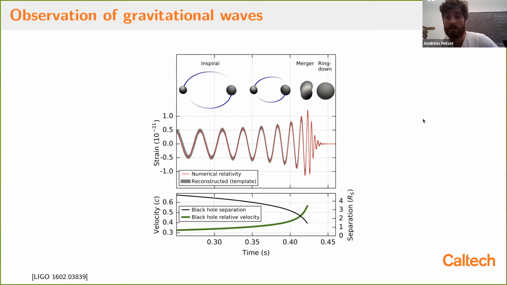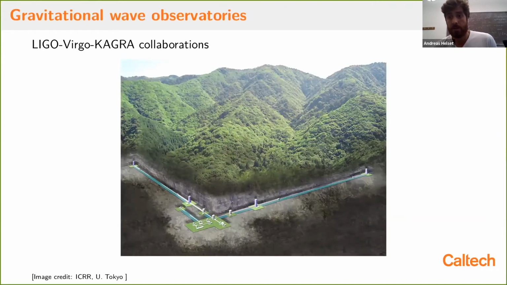These gravitational wave signals have been observed ever since 2015 and continuing up to today through great effort by the LIGO collaboration in the US, Virgo in Europe, and now also the KAGRA collaboration in Japan. We have multiple gravitational wave observatories spanning several continents.